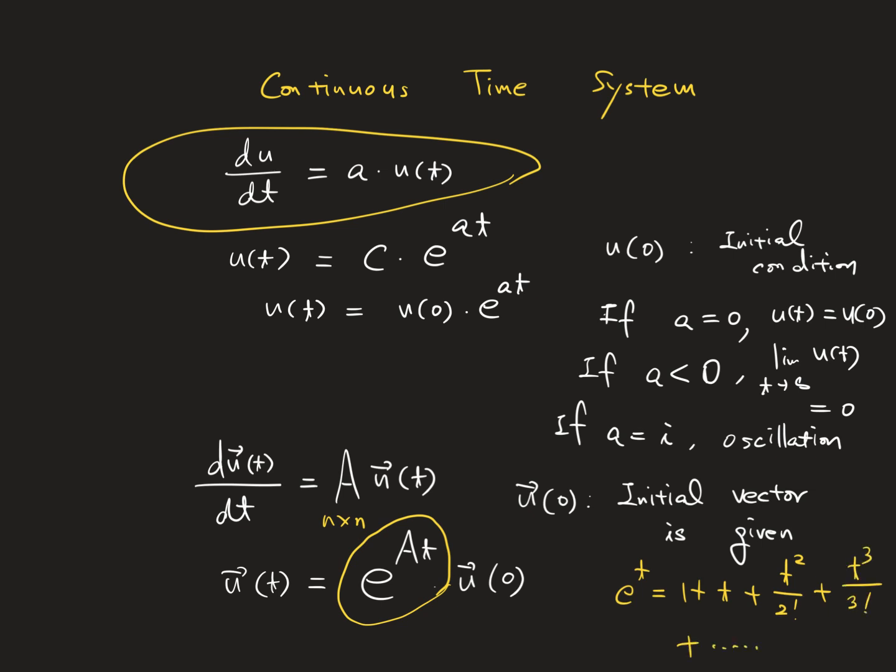Then we plug in At, so the 1 changes to I, the identity matrix, and then it's going to be At, then At squared, something like that. In that sense, we can calculate e to the At when A is a matrix.